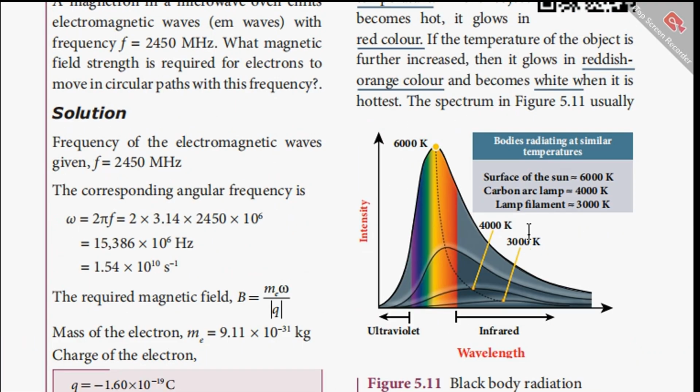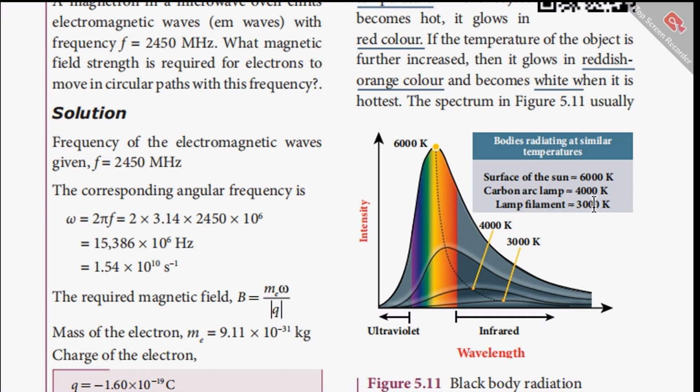So this is the black body spectrum, and here the wavelength ranges from ultraviolet, visible, and then infrared. Here the surface of the sun has a temperature of 6000 Kelvin.